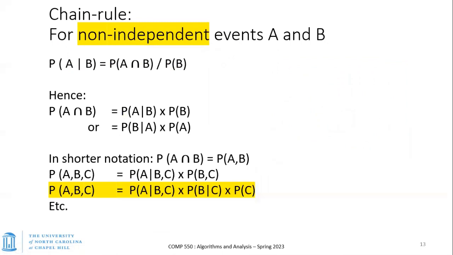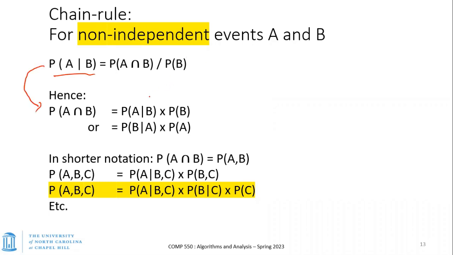Now there's also a chain rule, and we can define this as follows: if you have two events which are not independent, in other words, A intersection B is not 0. So for non-independent events A and B, what you can say is that probability of A given B is simply probability of A intersection B divided by probability of B. We already know this, okay? This sort of came out from our previous example.